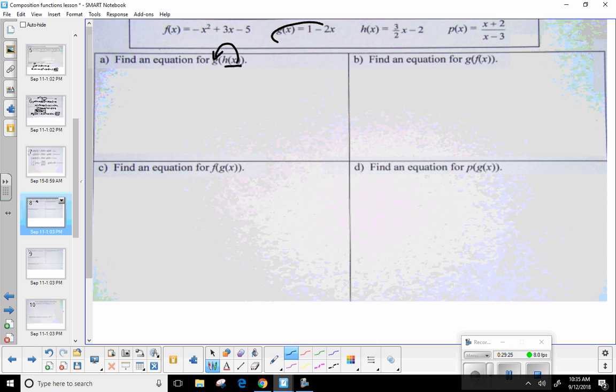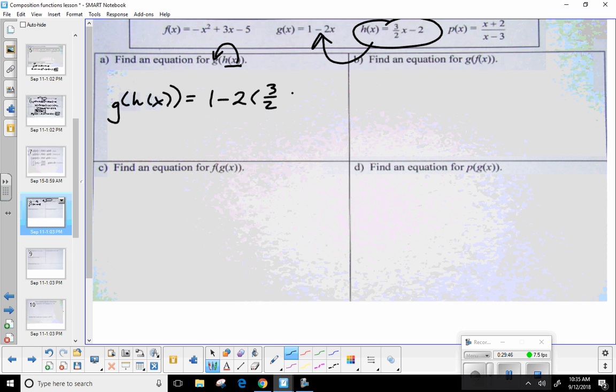So I want to take this equation here and plug it into g. So g of h of x equals 1 minus 2x, but instead of x, I'm going to put the 3/2 x minus 2.